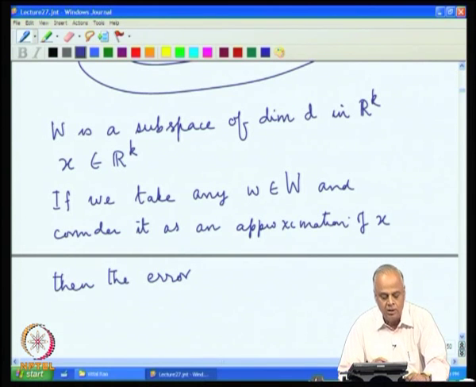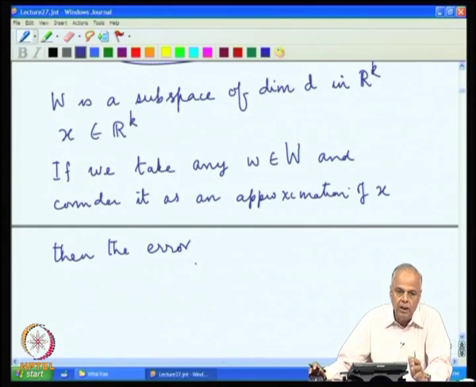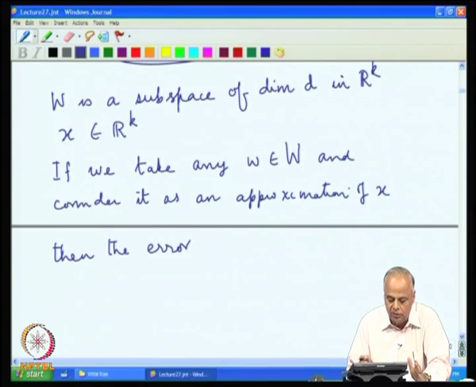We wanted x, we have approximated it by w. So, there is going to be an error, and that error is going to be quantified by the square of the length of the difference vector.